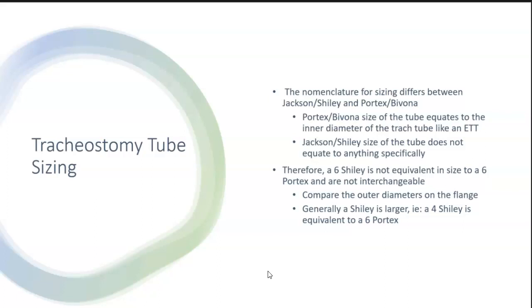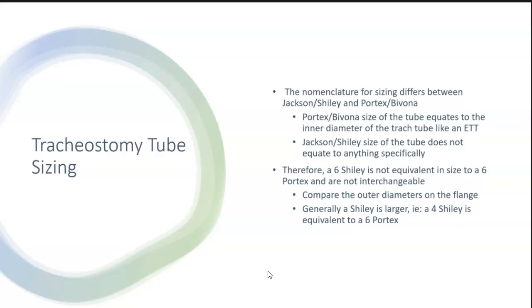They're not interchangeable. So when you're looking at replacing trachs, you need to look at a comparison chart or compare the outer diameters of each of the trach tubes to make sure that the size of the trach inside the airway is the same. It matters more the outer diameter of the tracheostomy tube than the inner diameter.